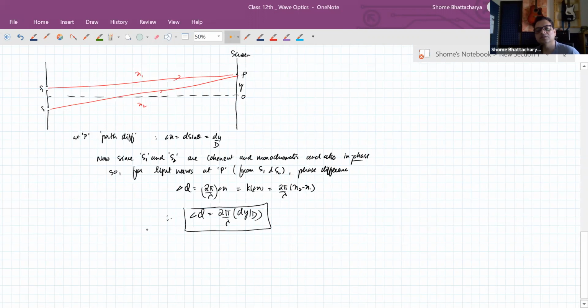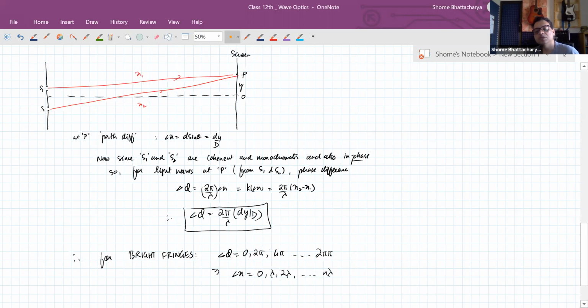So from this we can see that for bright fringes, the general formula becomes delta phi equal to an even multiple of pi, or 2n pi. So correspondingly delta x should be equal to 0, lambda, 2 lambda, a whole multiple of lambda.